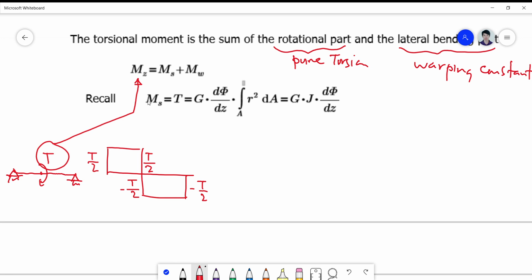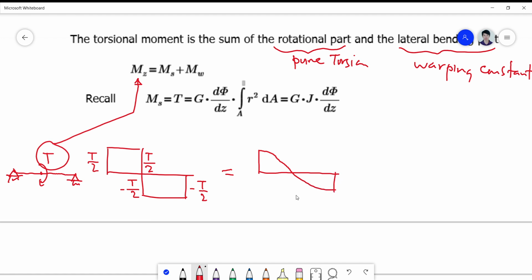But again, this total torsional moment is a sum of the pure torsion and the warping torsion. So this can actually be decomposed into a St. Venant torsion like this.